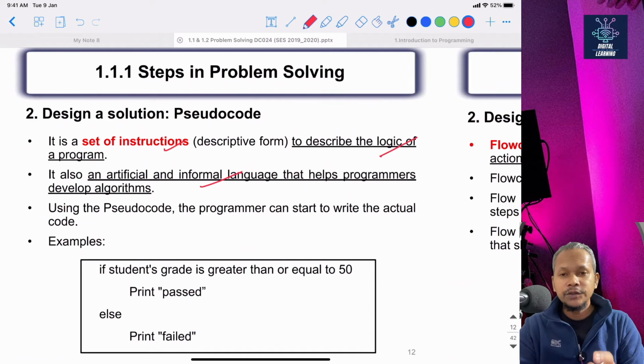That means you can use your own language to describe the logic of a program, and then a programmer will take your description and transform it into the computer language. Using pseudocode, the programmer can start to write the actual code.